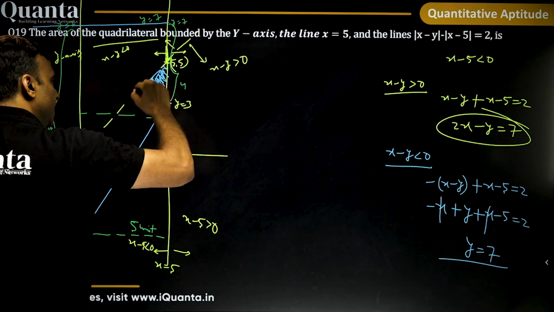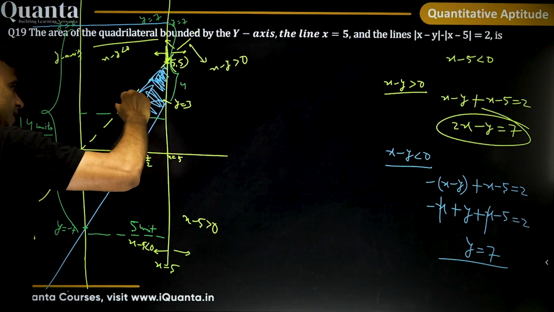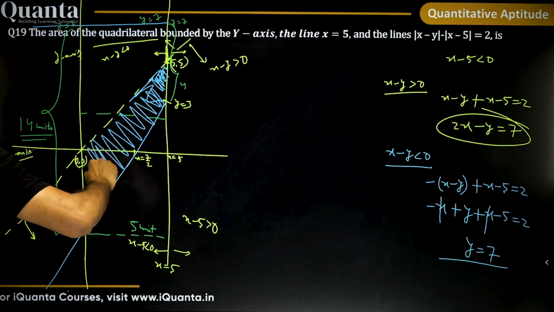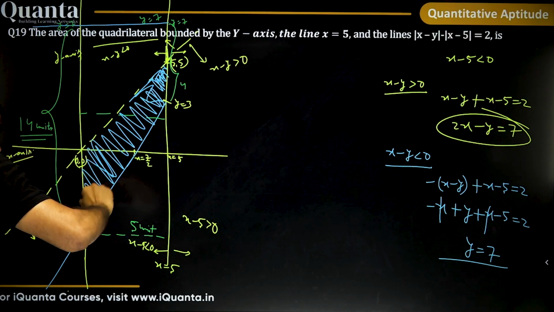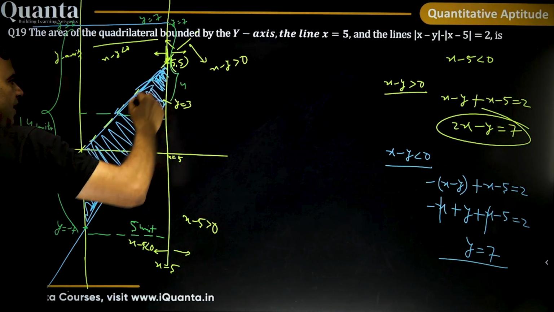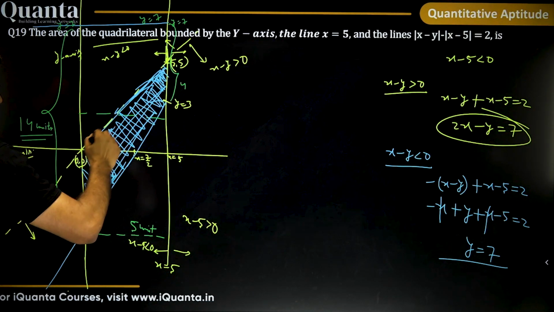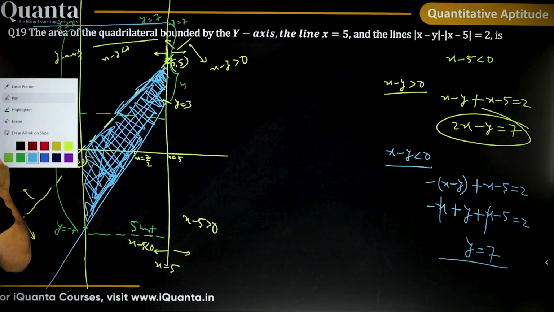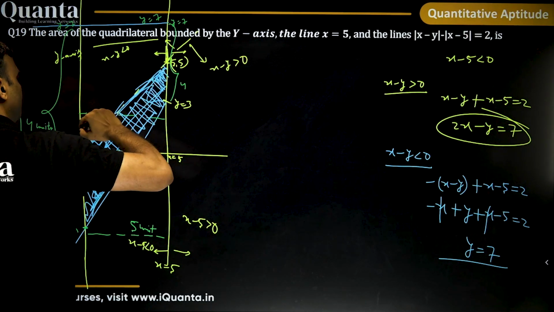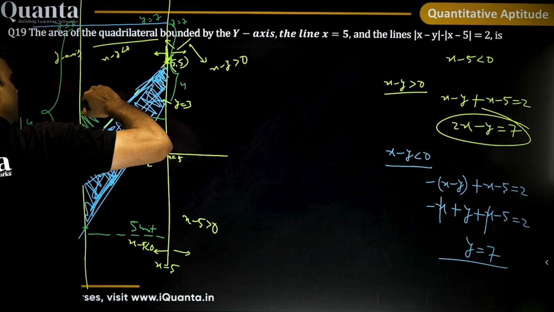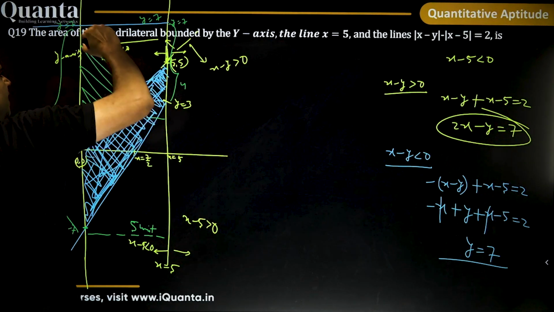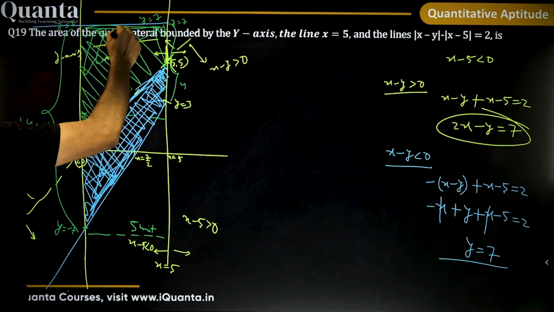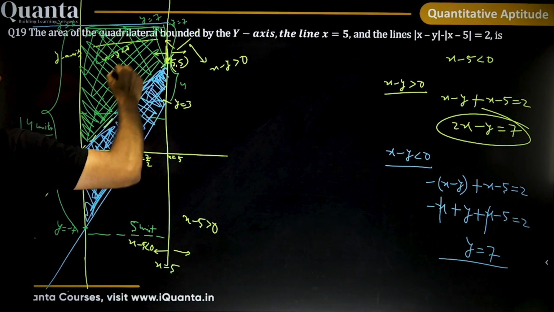I have tried my level best to give you the complete visual description, even at the cost of extra time. This is the area for x minus y greater than 0, and this is the area for x minus y less than 0. In the end they are combined, because visibly they are combined. So this is the area, right?